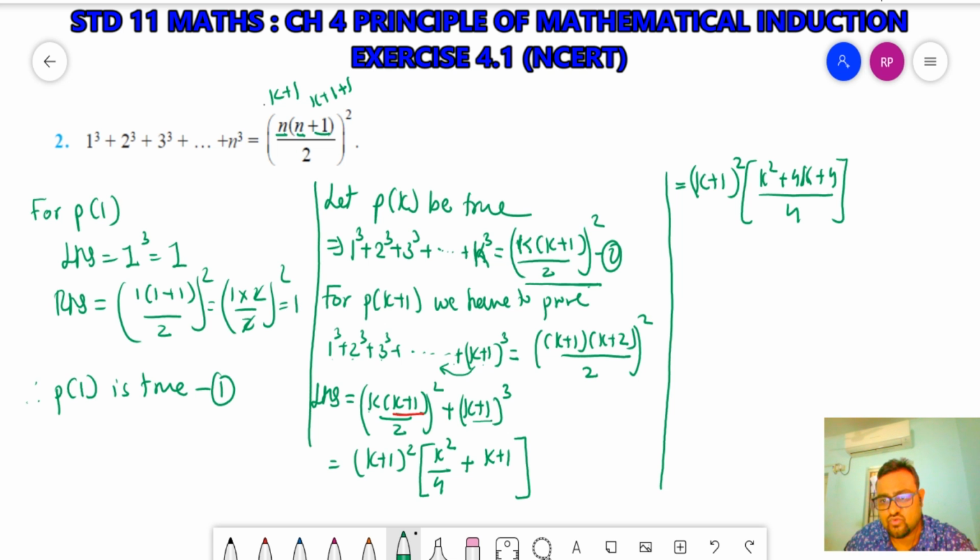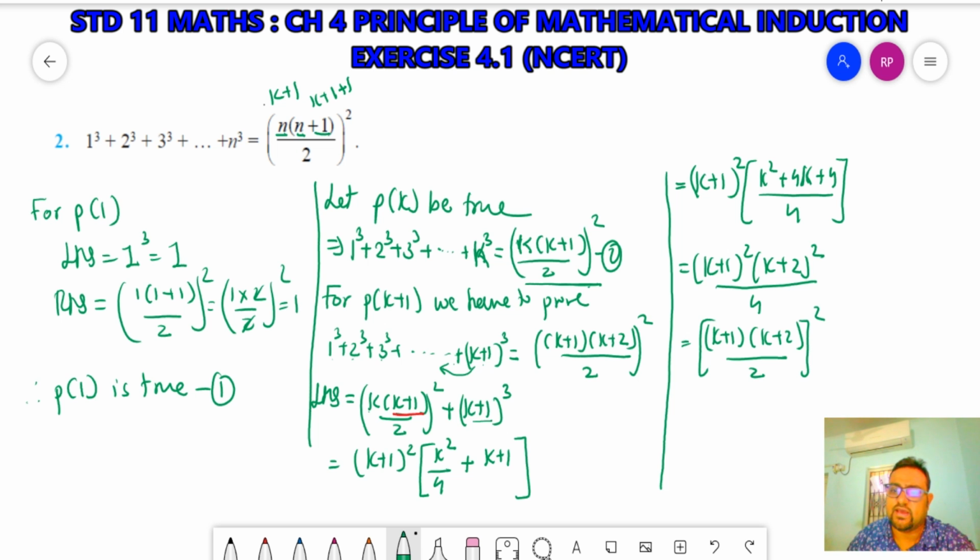So what I will get? k plus 1 whole square in numerator, this k plus 2 whole square upon 4. So when I take square outside, it will be k plus 1, k plus 2 upon 2 whole square, and this is equal to RHS.